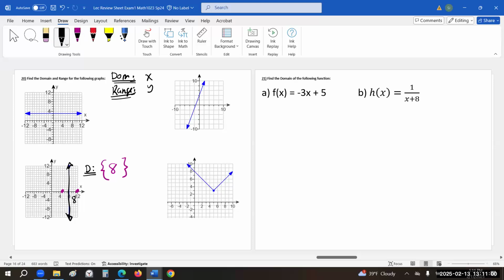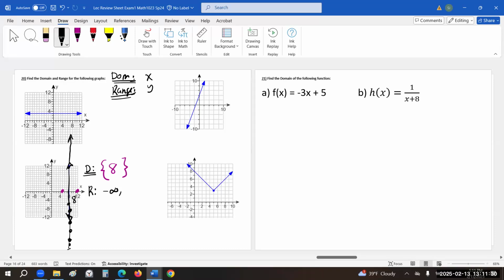Now range. Range is all the y's you see. So we have a y value here, right? We have another y value there. We have another y value there. And the line keeps going on forever and ever. But is it positive or negative? Negative. So the smallest y value we have in our graph is negative infinity.